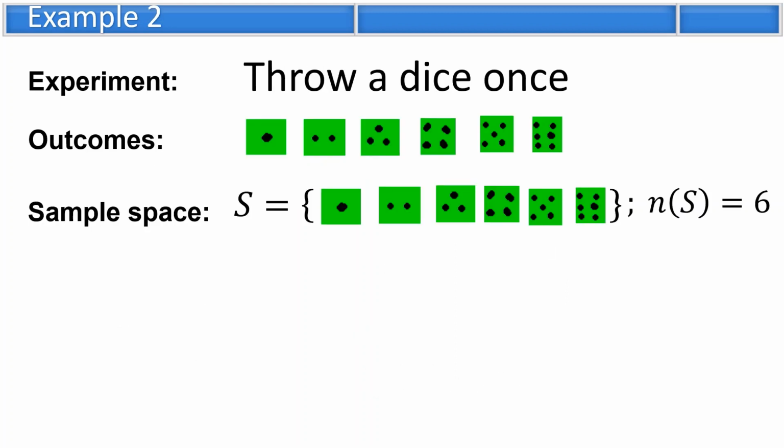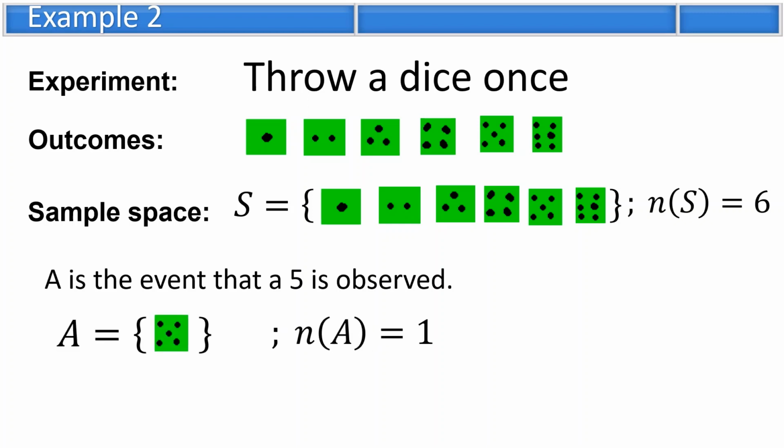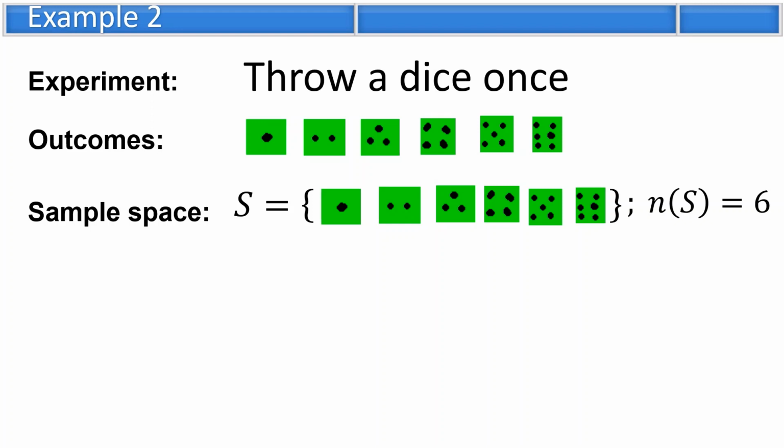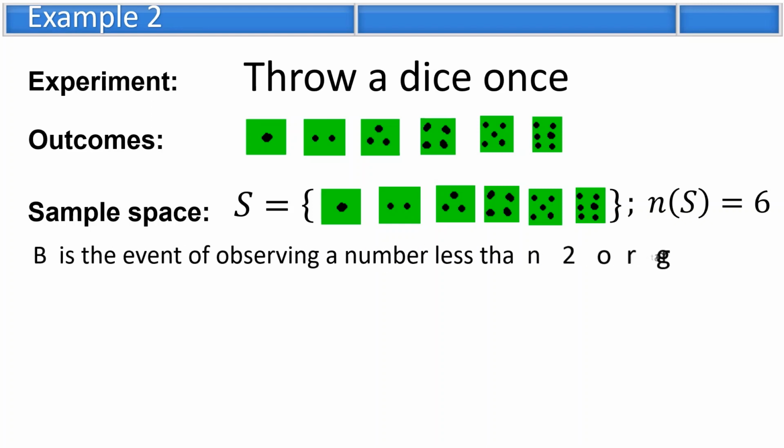Example 2. Throw a dice once. A is the event that a 5 is observed. N of A is equal to 1. N of S is 6. Probability that a 5 is observed, P of A, is 1 over 6. Next example. B is the event of observing a number less than 2 or greater than 5. N of B is equal to 2.